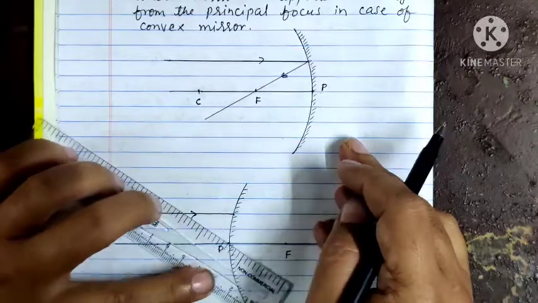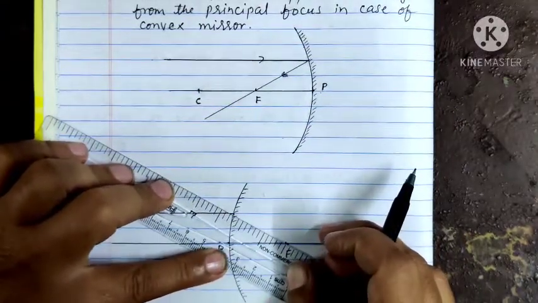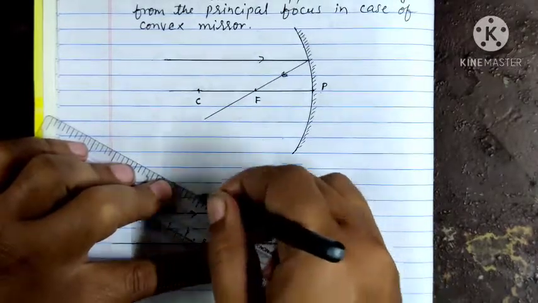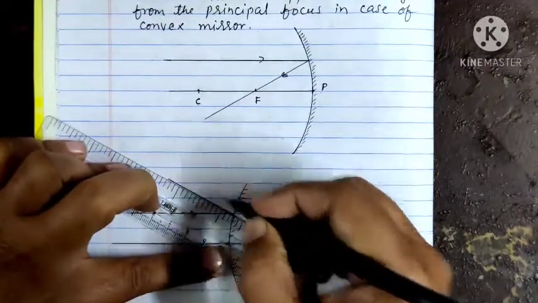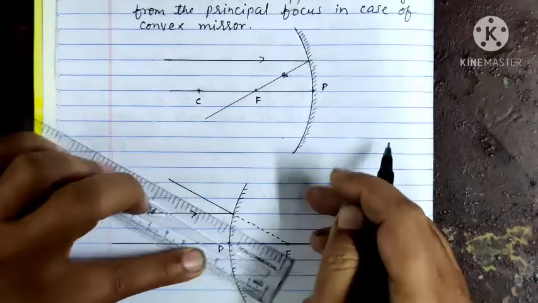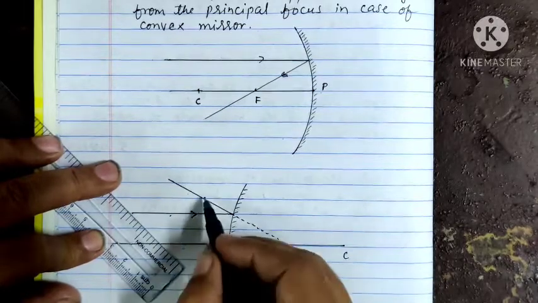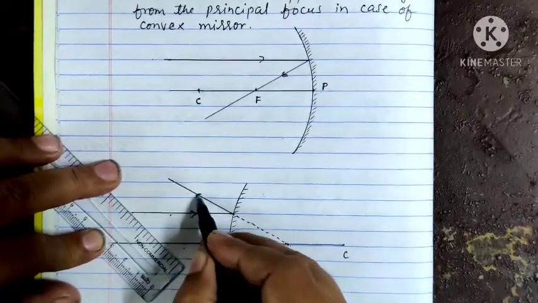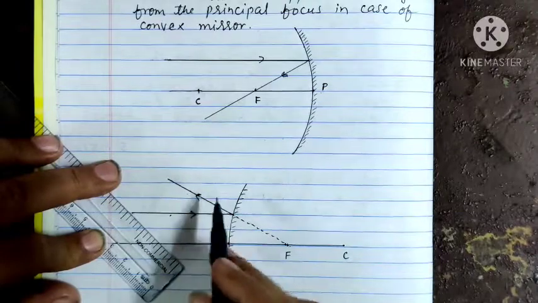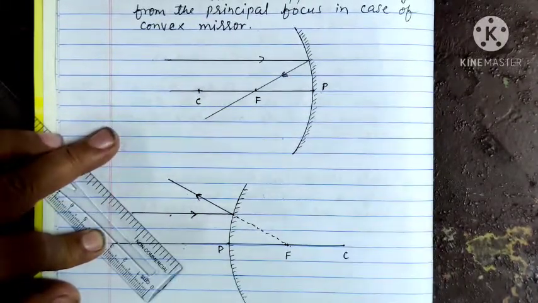This point is the principal focus. It will appear to diverge from the principal focus. So we'll produce it backward. As you can see, this ray which is parallel to the principal axis is diverging, and appears to diverge from the focus. This is rule number 1.